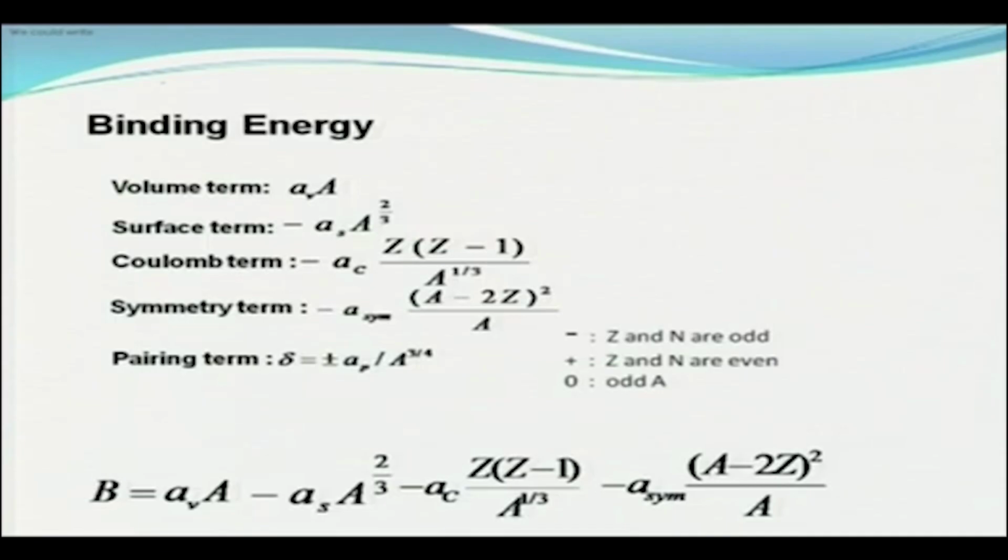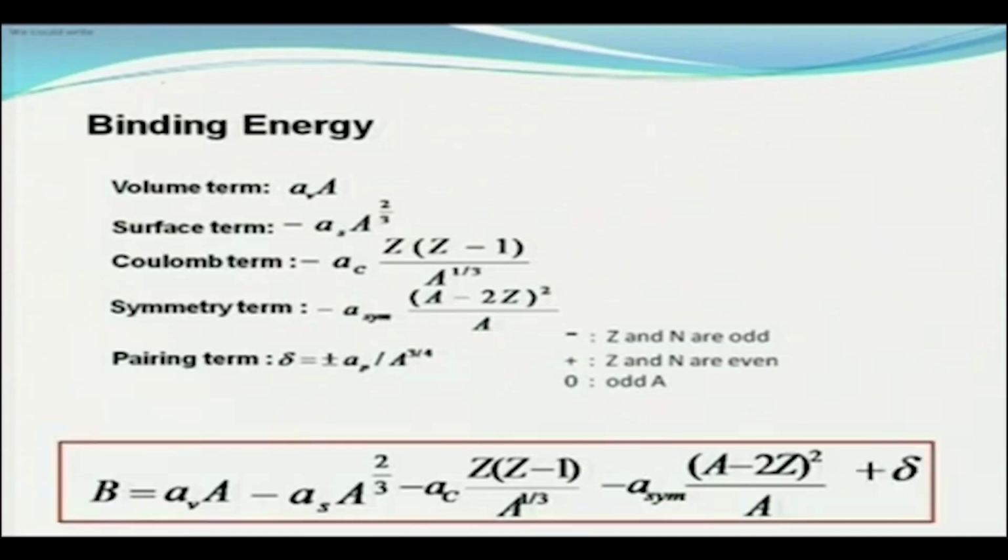We have observed that the binding energy is larger when both are even, so it is a positive term adding constructively to the binding energy, and it is negative when both are odd, and it is equal to 0 when A is odd, that is, only one of Z or N is odd and the other is even.